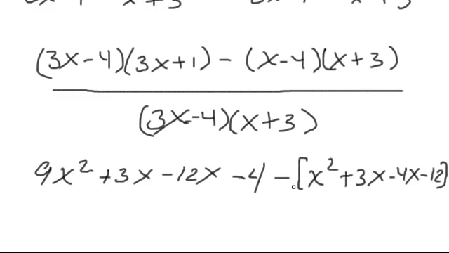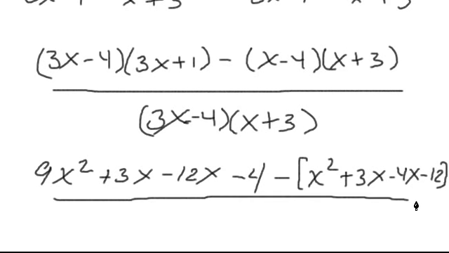Alright, and let's see here. I guess I really do need to rewrite the denominator. And I'm going to leave it in its factored form there. 3x minus 4 times x plus 3.